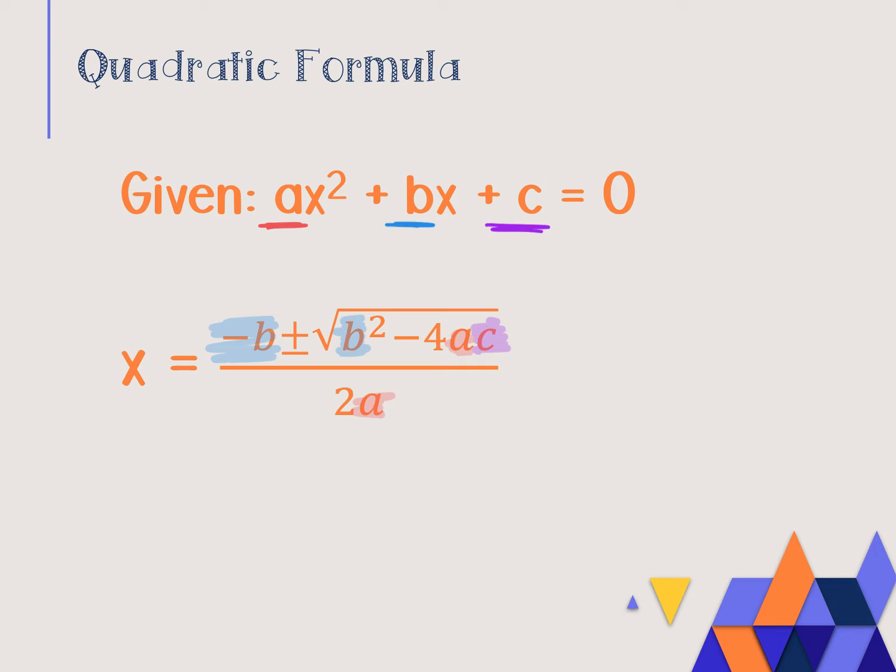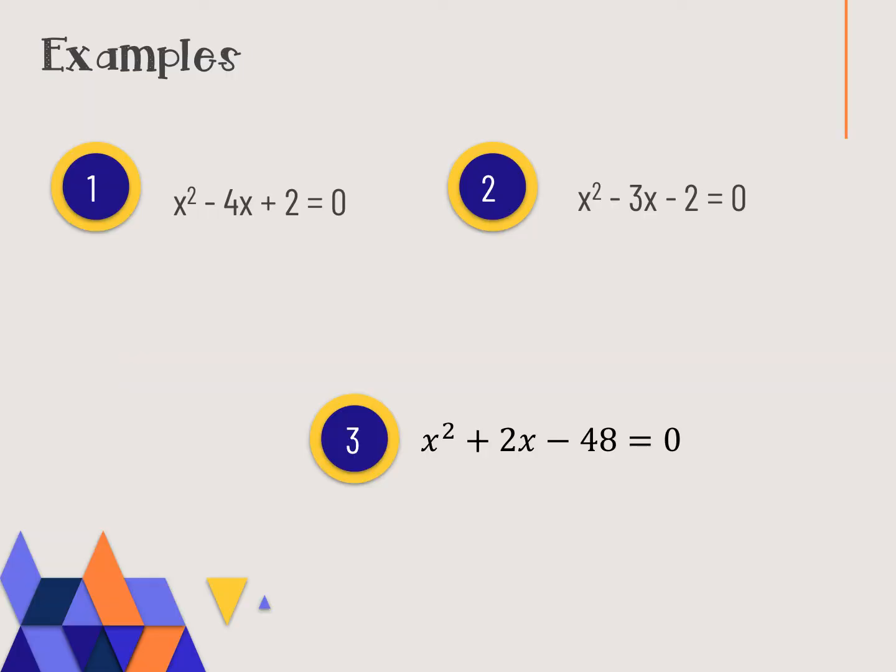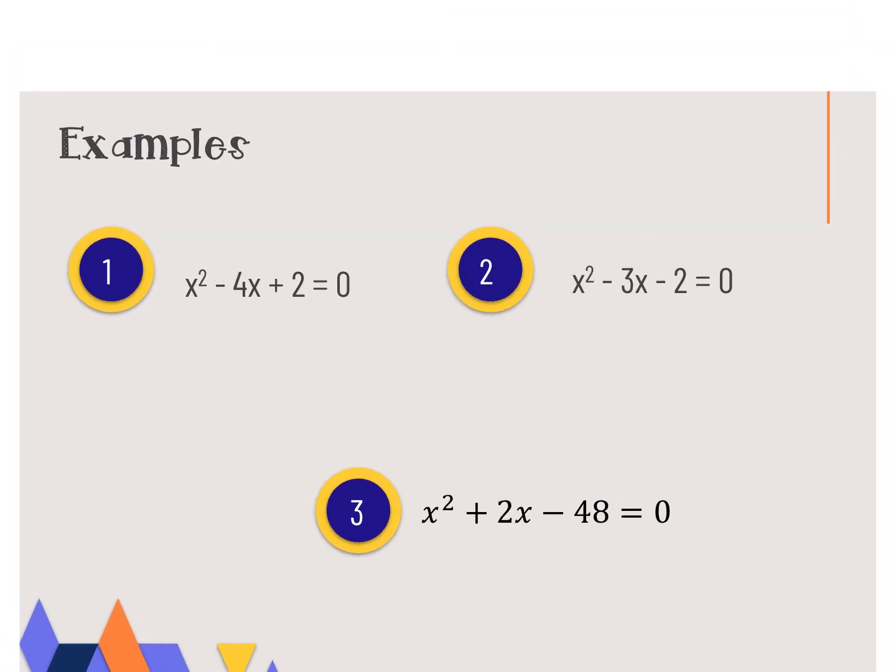So let's try our first example. I'm going to go ahead and write the quadratic formula up here at the top, so I have a little reference. You need to memorize it. So this is x equals, once we're done here, this is going to give us what x equals.